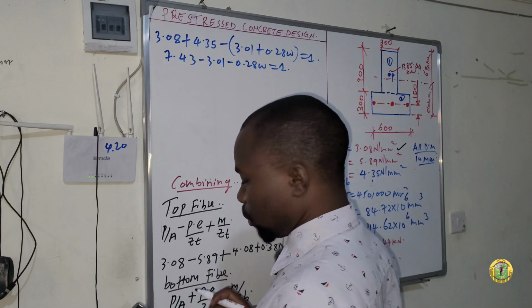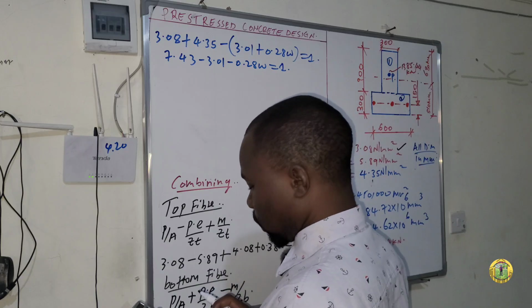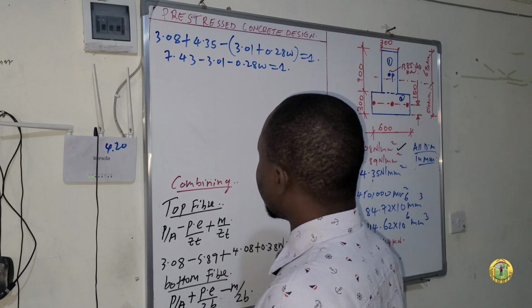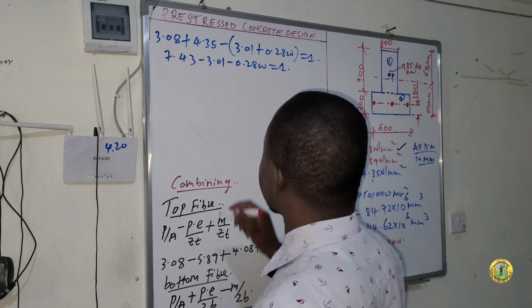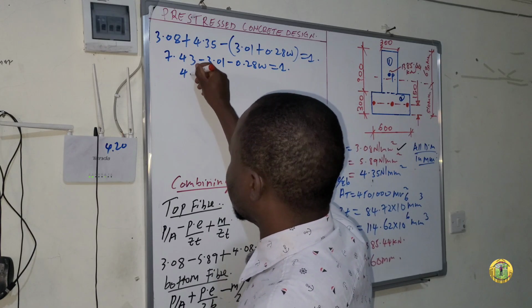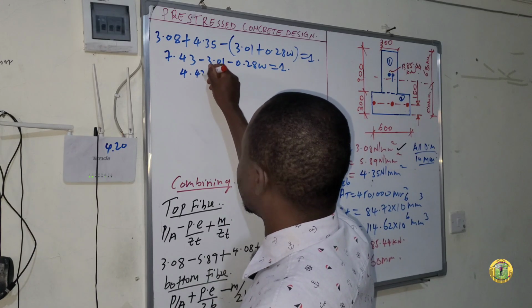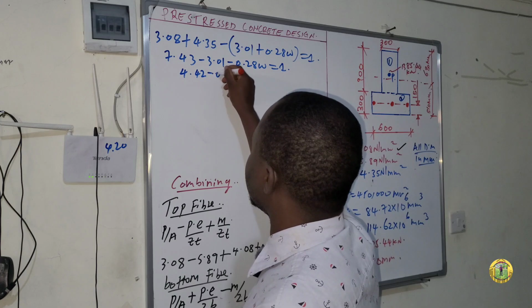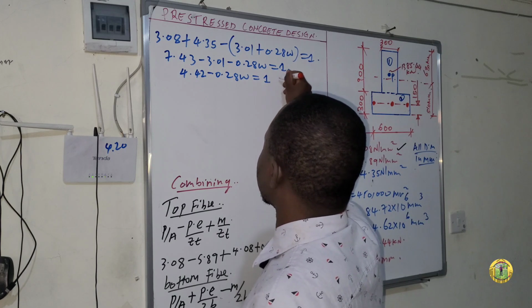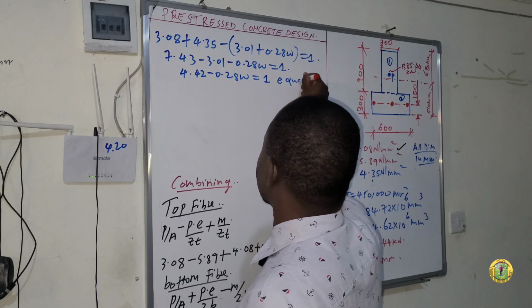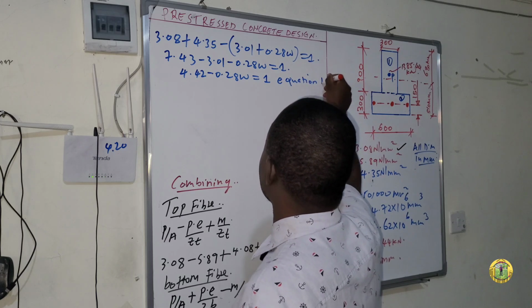Again, 7.43 minus 3.01, you'll get 4.42 minus 0.28 W is equal to 1. So this is equation 1.